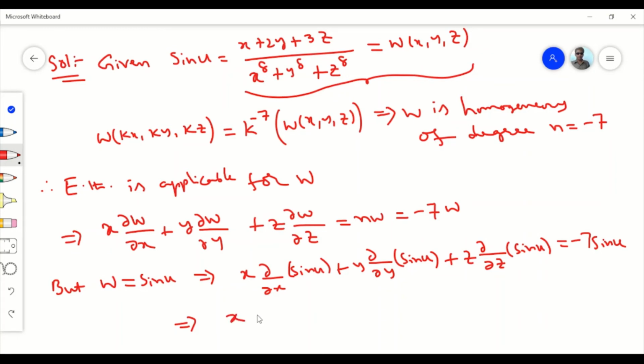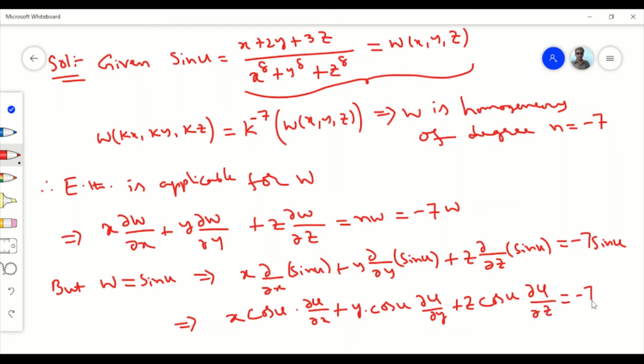x into dou by dou x of sin u is cos u into dou u by dou x. y into derivative of sin u is cos u into dou u by dou y. z into cos u dou u by dou z equal to minus 7 sin u.